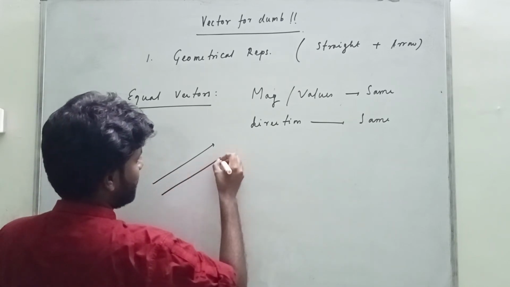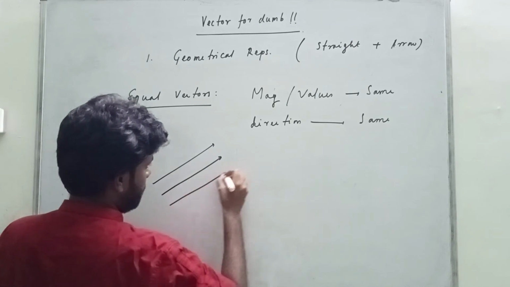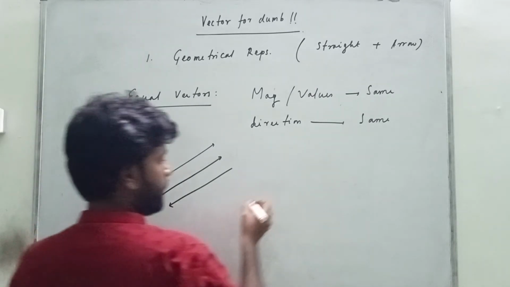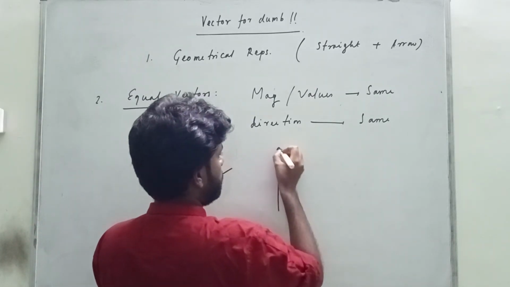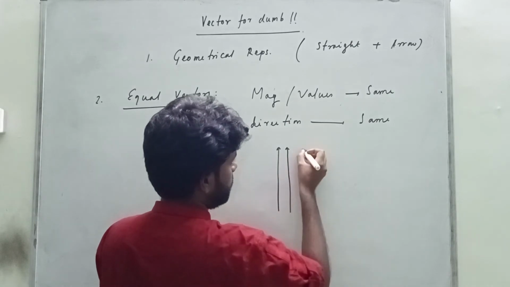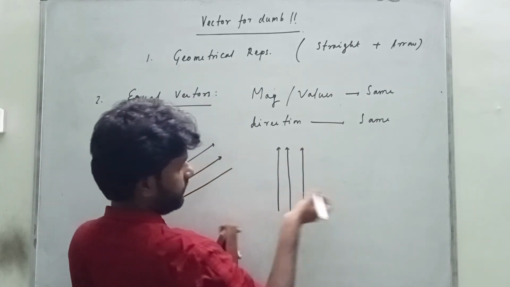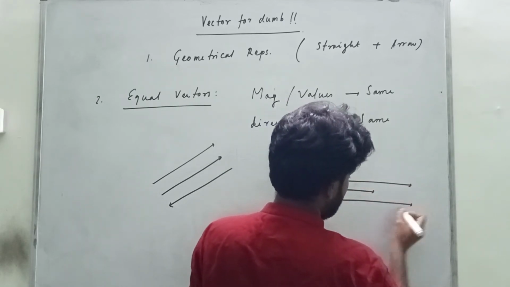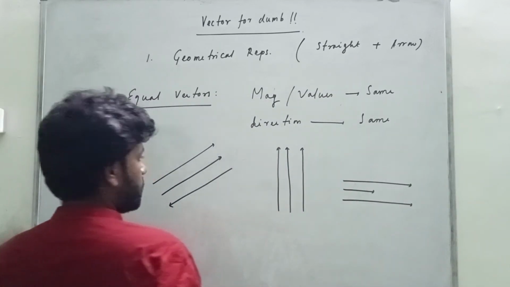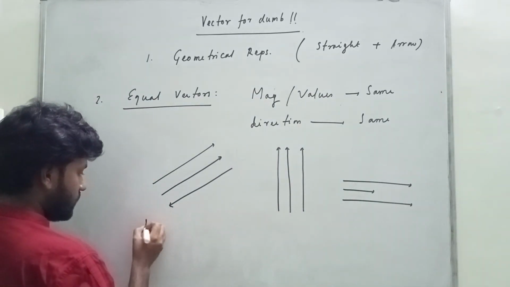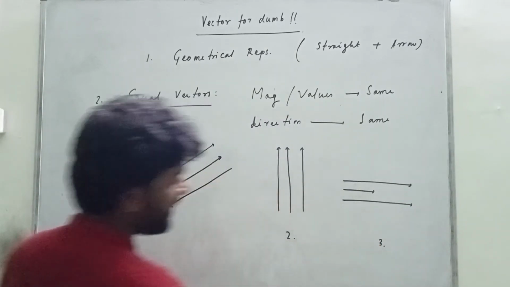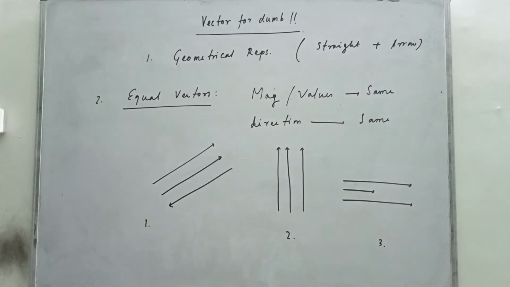So here are three vectors, and then here are three more. So actually it's a number 1 set, a number 2 set, a number 3 set. Now if I ask you which set represents the equal vector set, right?